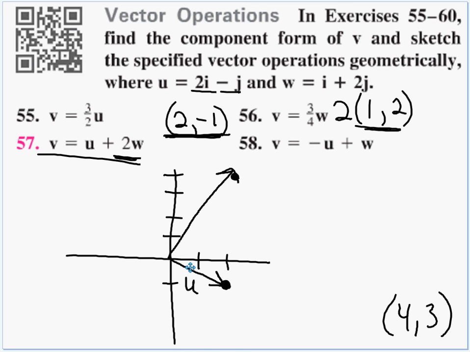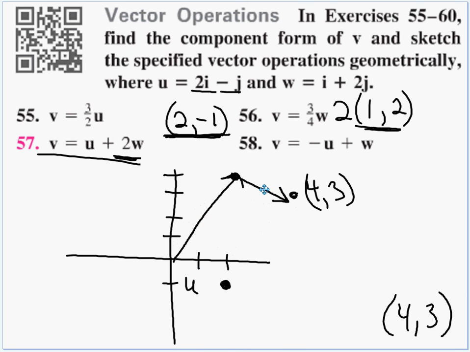We have a u vector. This will be our 2 times w. But when we add them, I'm either going to add this one to the tip of this, and that'll take us out here to this point 4 comma 3. Or remember the parallelogram law or rule. Instead of going that way, we could add the u vector to the end of this one, and it'll also get us to the same spot.